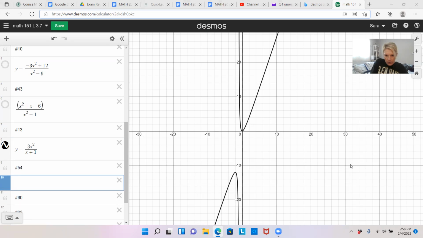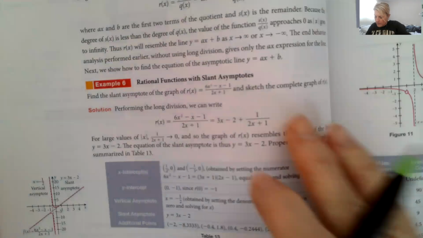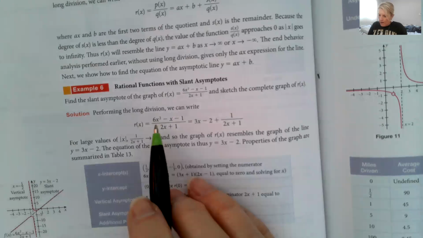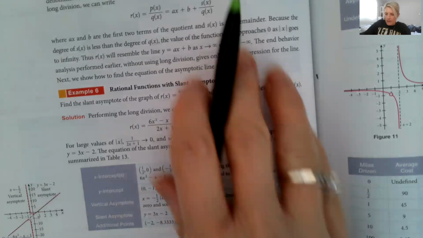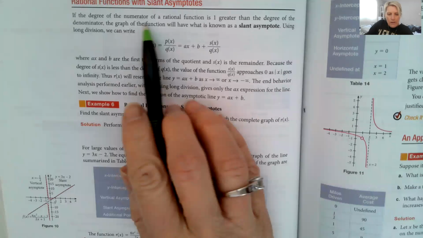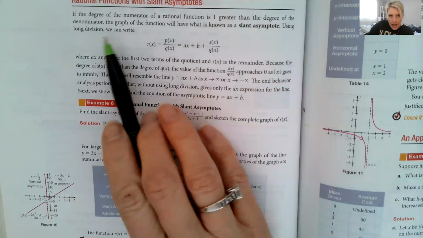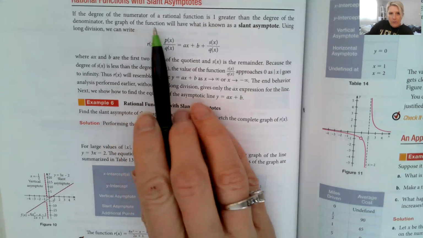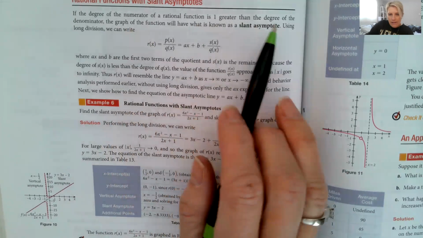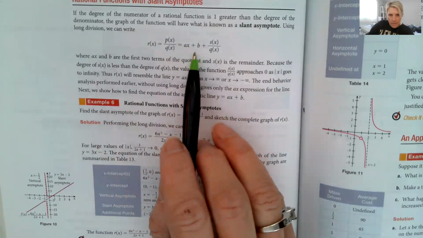We'll look at the book. So it's page 290. At the top here. So it says, if the degree of the numerator of a rational function is 1 greater than the degree of the denominator, the graph of the function will have what is known as a slant asymptote. Using long division, we can write it out like this.